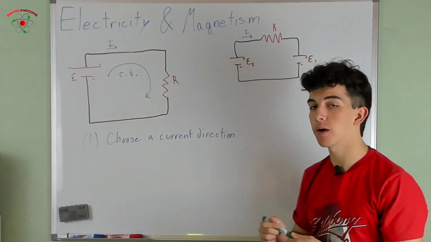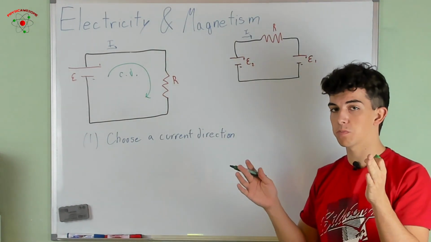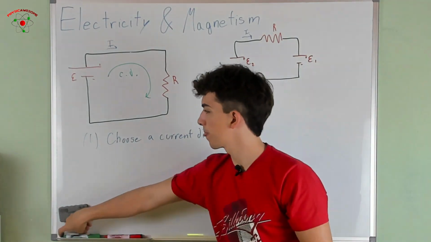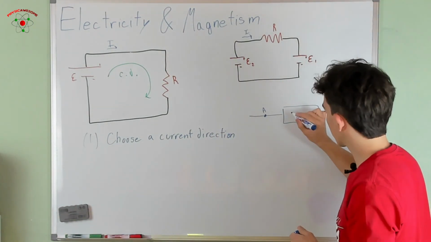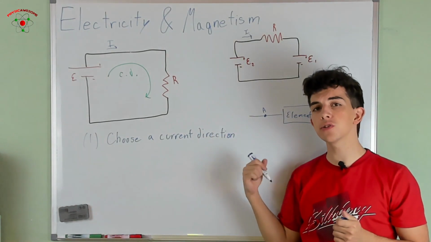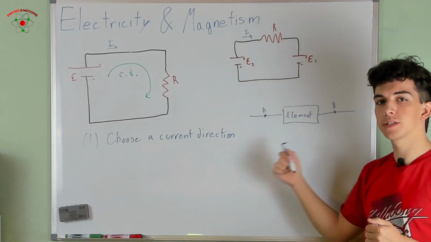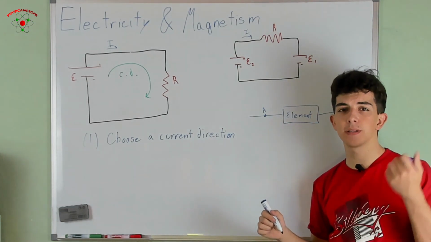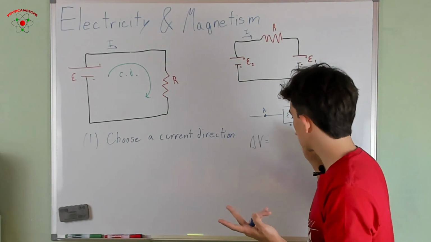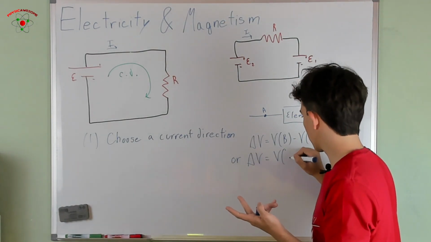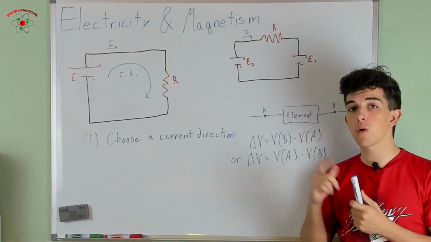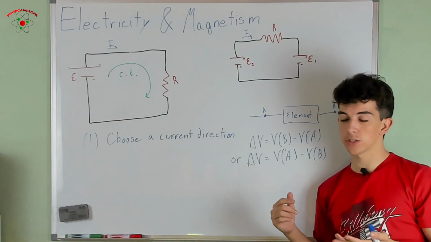Imagine that we have some part of our circuit and we consider what is the voltage difference across this element. But there are two possible answers. This is why we use our circulation direction.